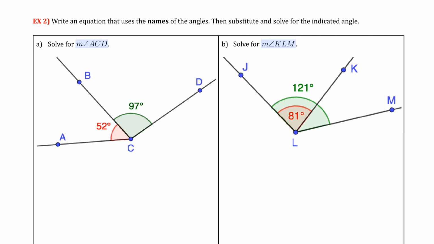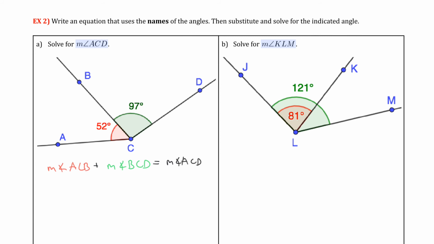So I can write an equation using the names of the other two angles. I can take the measure of angle ACB and add it together with the measure of angle BCD. And this should be equal to the measure of my entire angle, which is the measure of angle ACD.